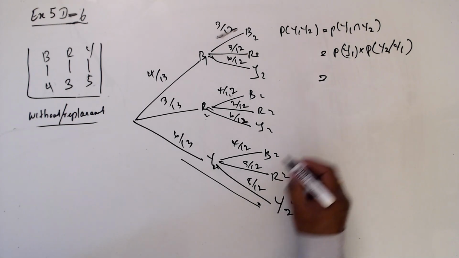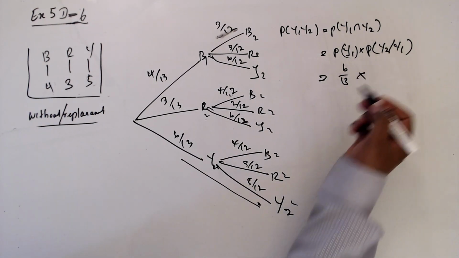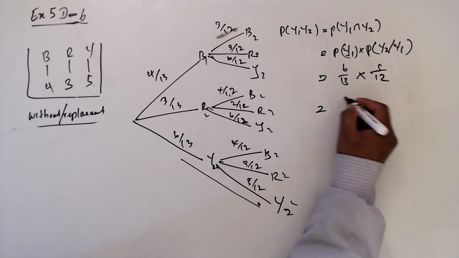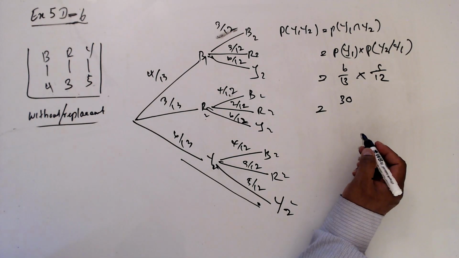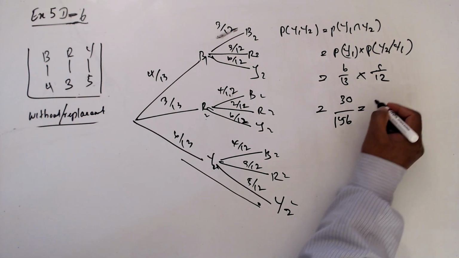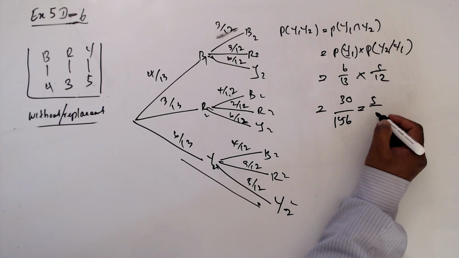So Y1 is 6 out of 13, Y2 is 5 out of 12, so 30 out of 156, and that is going to be 5 out of 26.